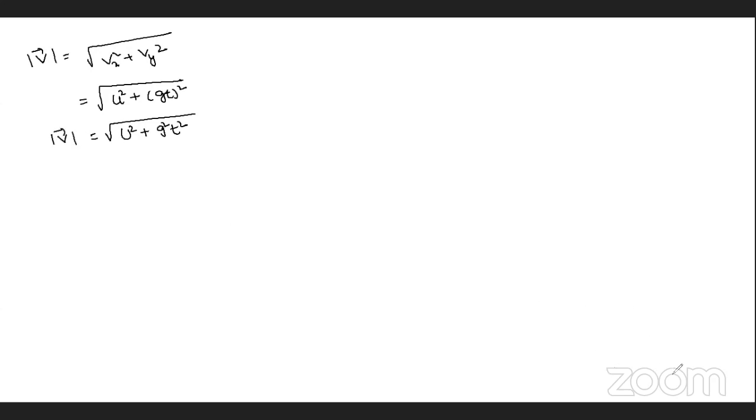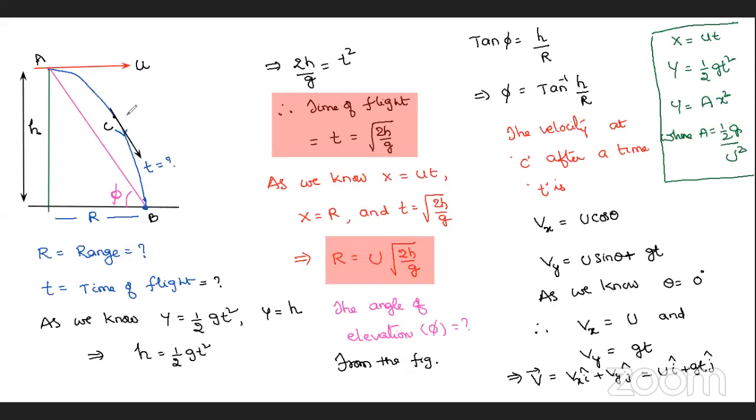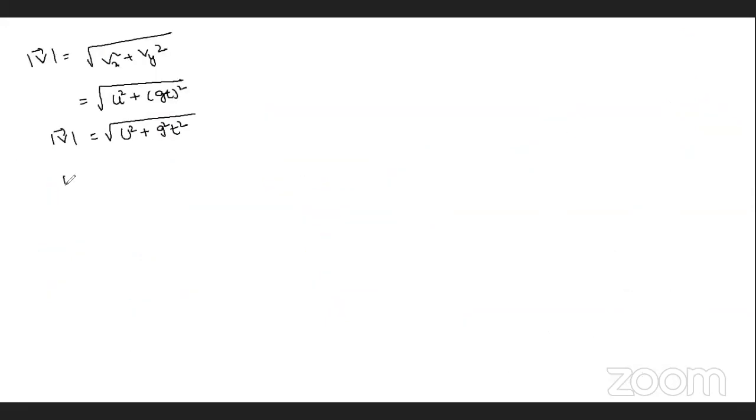And what is the angle made by this velocity with the x-axis? Alpha. That one also I told in the previous concept: tan alpha is equal to Vy by Vx.